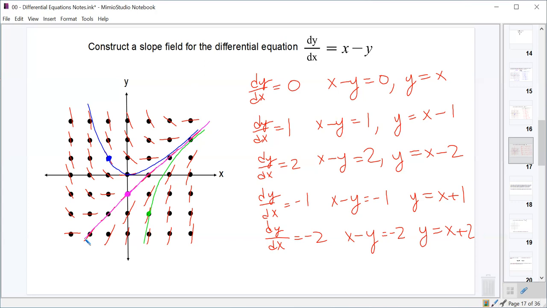And the thing to look out for to decide if there's an asymptote is if all of these slopes along a certain line have the same slope as the line, which sounds a little confusing. But the equation of this line in pink that I've drawn, or purple, is y equals x minus 1. It's this line right here.